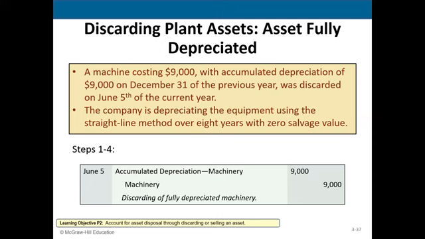So it's a real simple journal entry that we make at the very end of its useful life. We debit accumulated depreciation and we credit the asset, in this case, machinery. This recognizes the disposal of the asset at the end of its useful life.